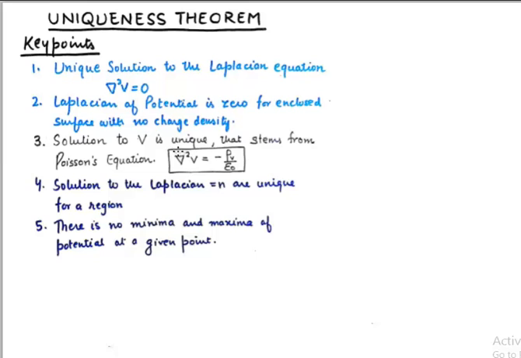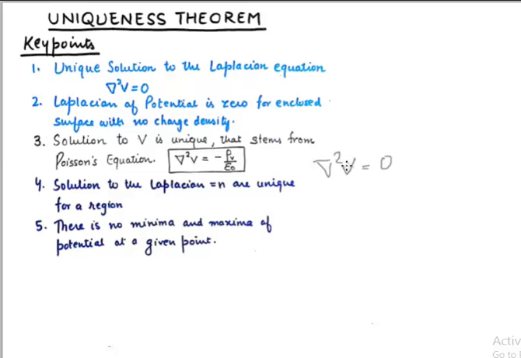And the solution to V is unique. That stems from Poisson's equation, as I mentioned earlier. The solution to the Laplace equation is unique for a region, and there is no maxima and minima of potential at a given point. This mathematical operator, Laplacian of V equal to 0, gives us a unique solution.